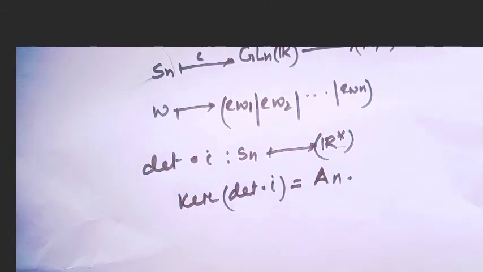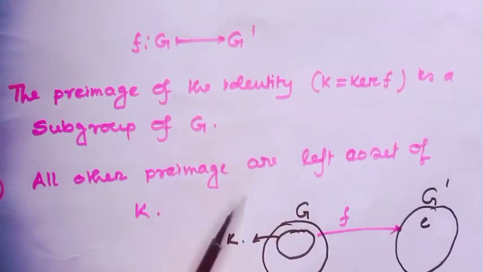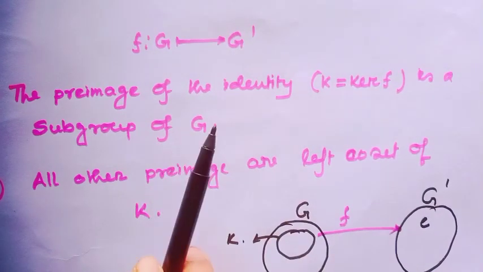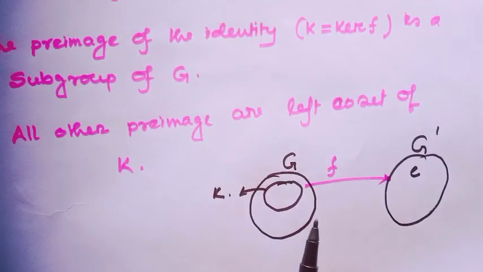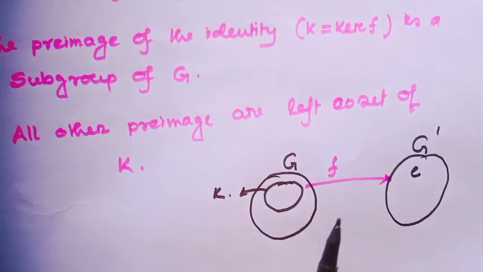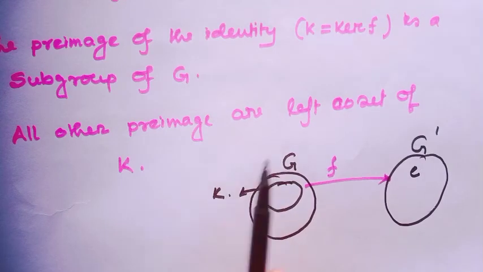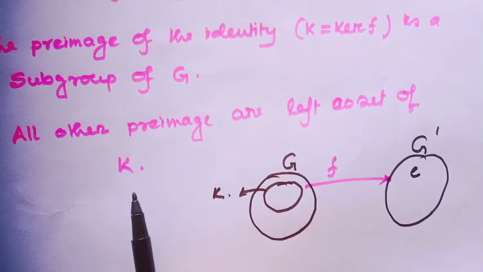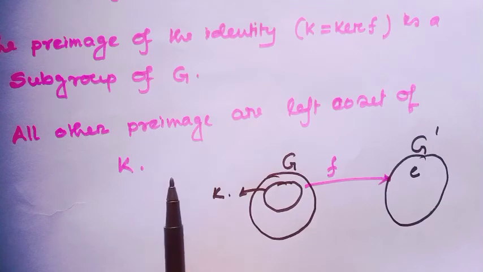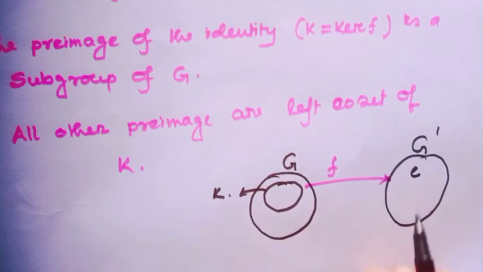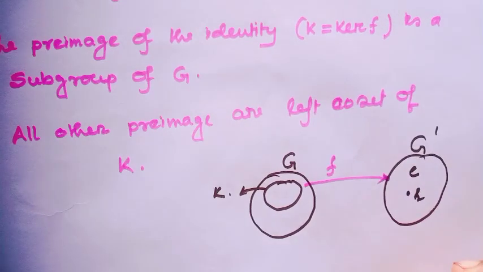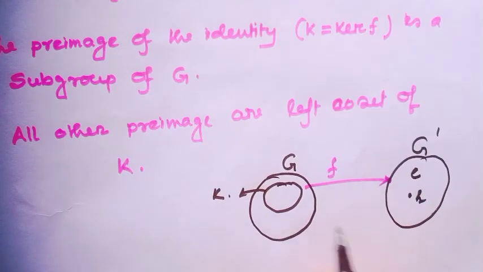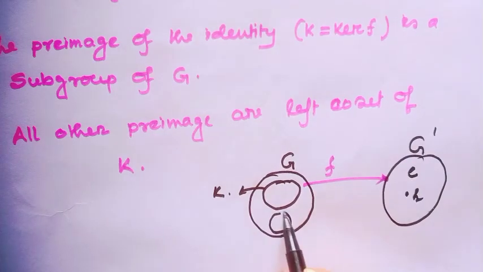Okay, we have seen if f is a homomorphism from G to G dash, then the preimage of e is the kernel, and all other preimages without e are the left cosets of K. That means if you take an element a which is different, then consider its preimage, it contains this subgroup K prime.